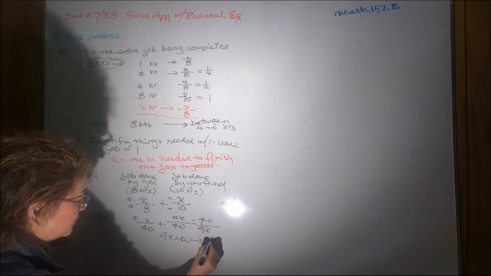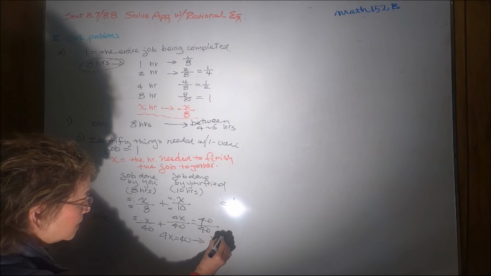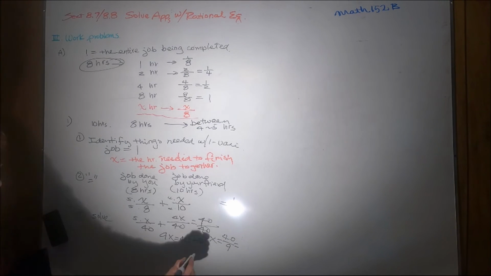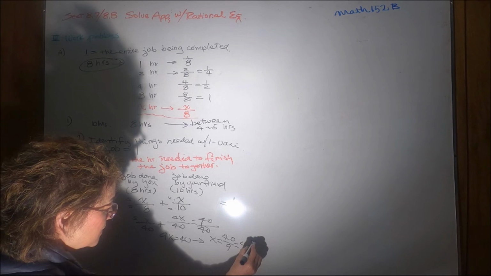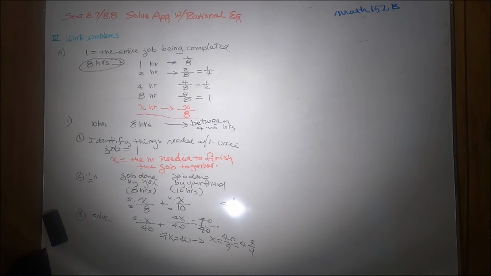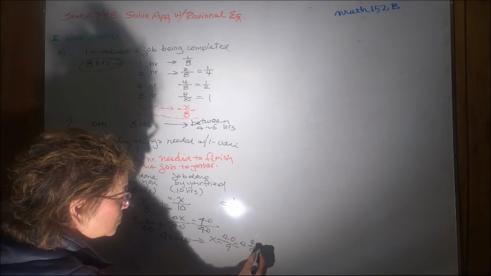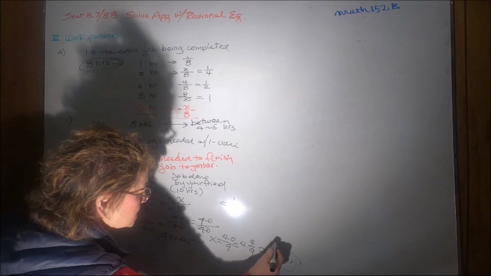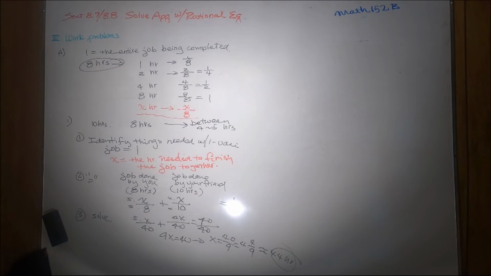Then x divided by 9 will be what? 40 over 9. That would be 4 hours and 4 ninths, right? So it's about what? 4.4 hours. It's less than 4.5 hours.